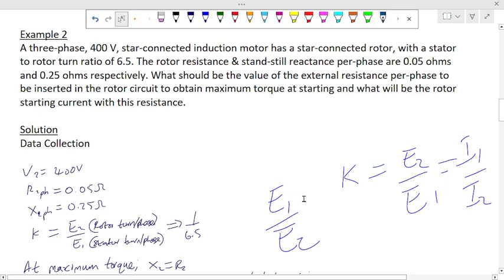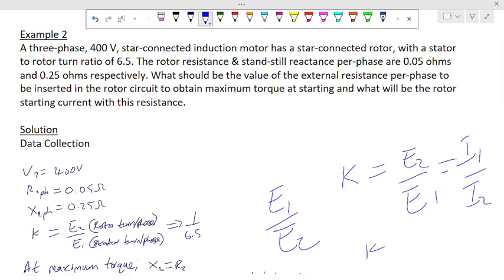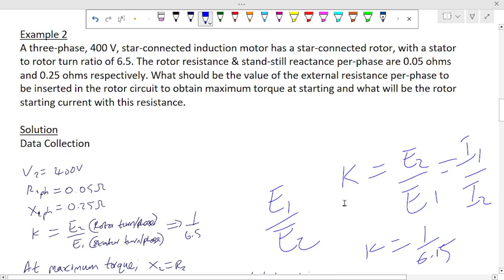We are giving the inverse, meaning our K will be what? The inverse. Our K equals 1 over 6.5, because we are giving stator to rotor. This is the inverse of this.